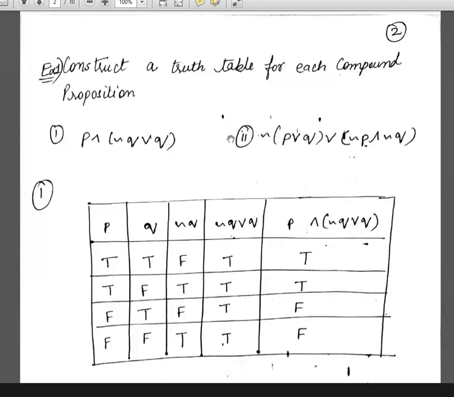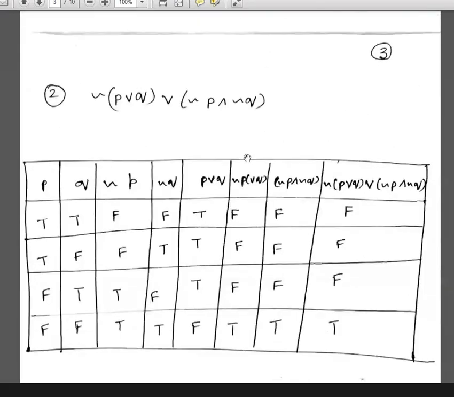Okay, students, this is the answer: false, false, false, true. Because there are two variables p and q, and negation p and negation q are also available, and two brackets are there.